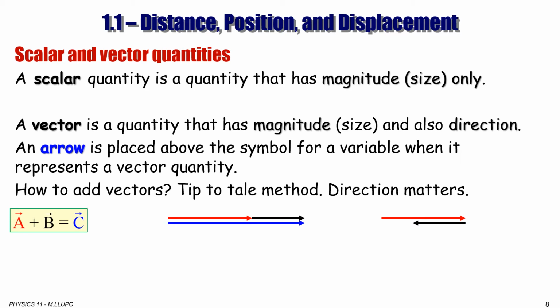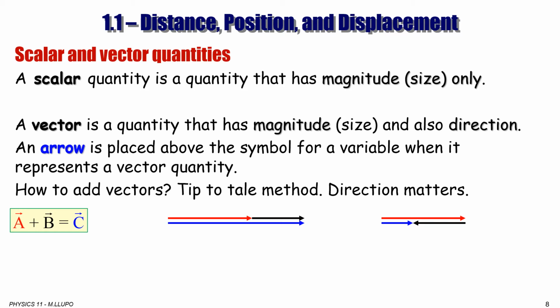In other words, we place the start of vector B where vector A ends. So we can place vectors one after the other, and the total would again follow the same rule: start where the first vector starts and go toward where the last vector ends. So from the tail of vector A toward the tip of vector B.